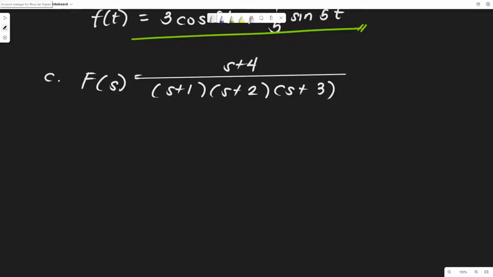So, before we proceed with the actual inverse, i-simplify muna natin tong fraction na to. Pagka ganito, nakakita kayo ng merong multiplication of functions sa denominator, matik ipa-partial fraction nyo.